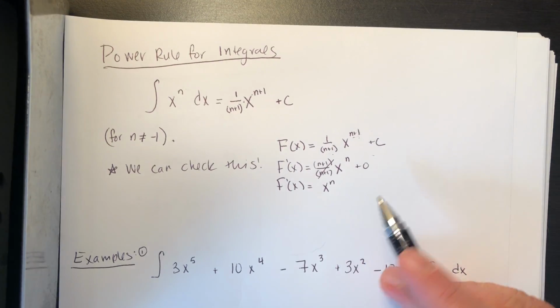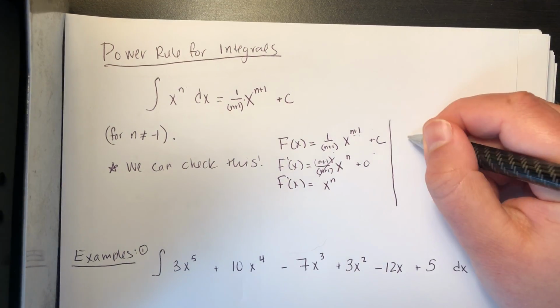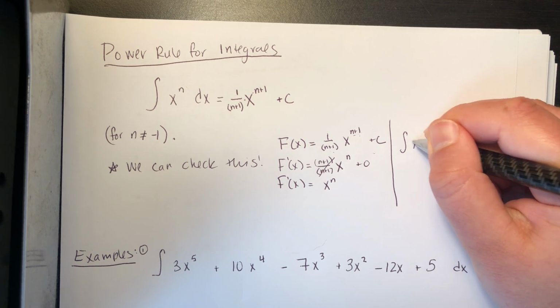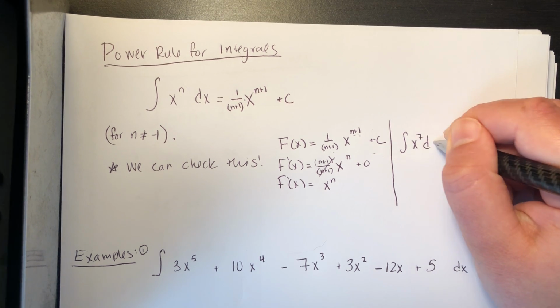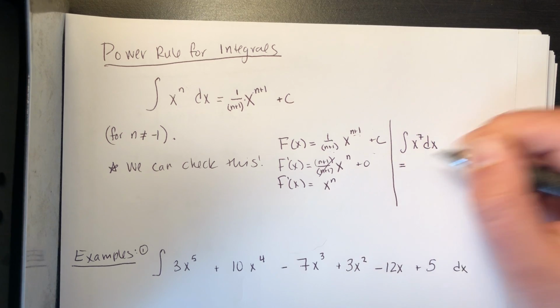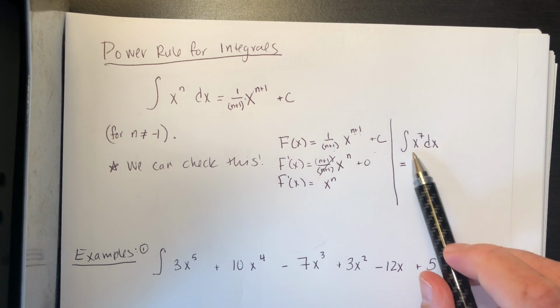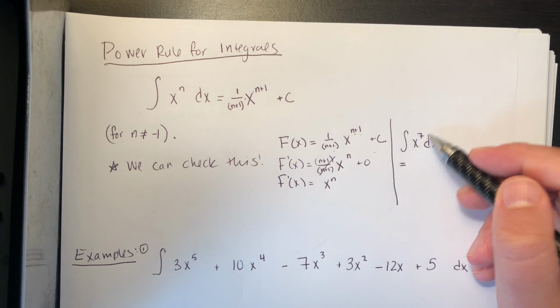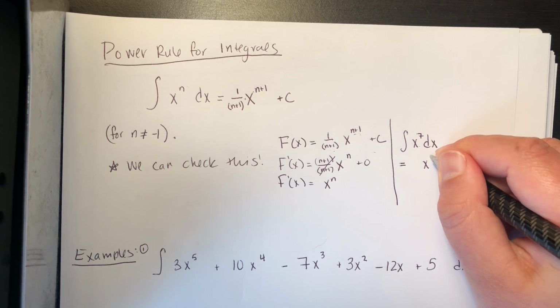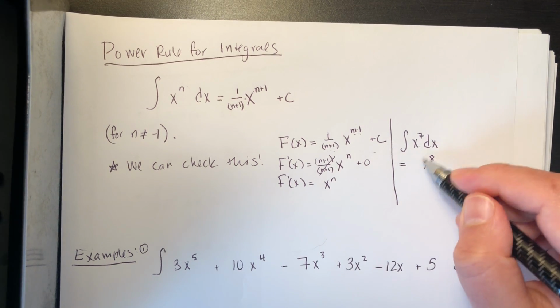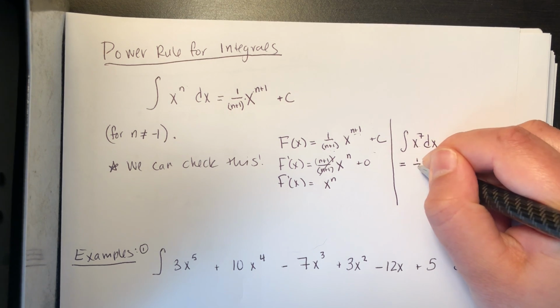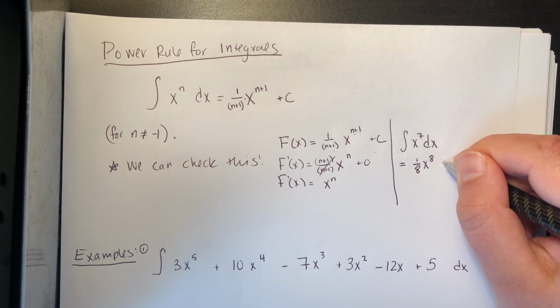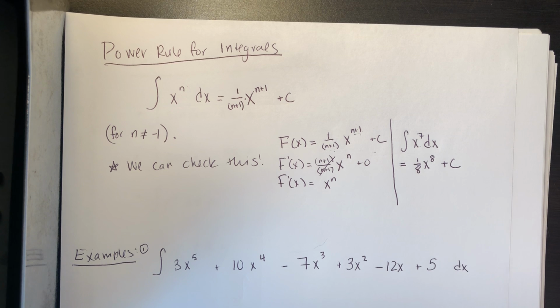As another simple example, if you wanted to take the indefinite integral of x to the 7th power with respect to x, the power rule tells us that we need to add 1 to the exponent, so x to the 7 is going to become x to the 8th, and then we need to pull out a factor in front of 1 over 8. And then at the end, we always add a plus c.